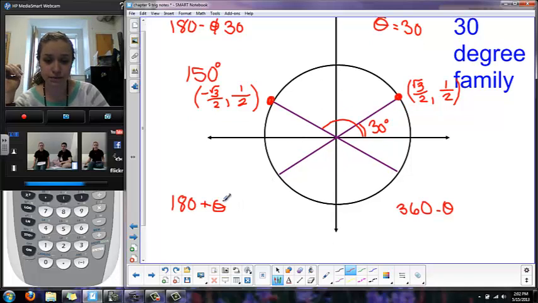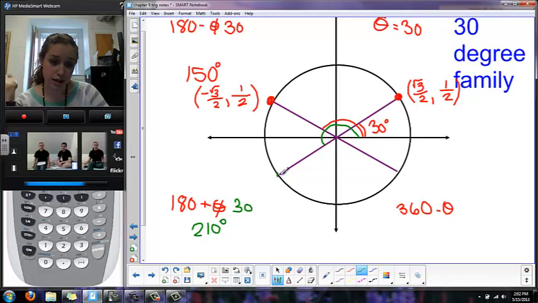Okay, so down here in the third quadrant, let's figure out what this angle is going all the way around like that. We can use our reference angle formula, so 180 plus 30 degrees. That will give me 210 degrees. So if you were ever wondering what the sine and cosine of 210 degrees is. Exactly.